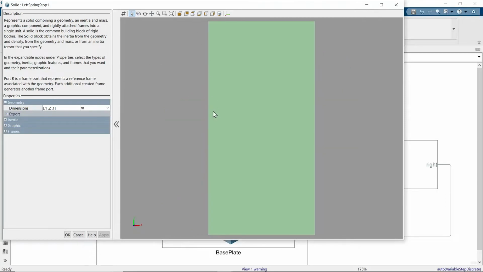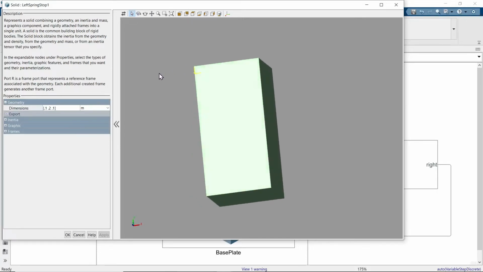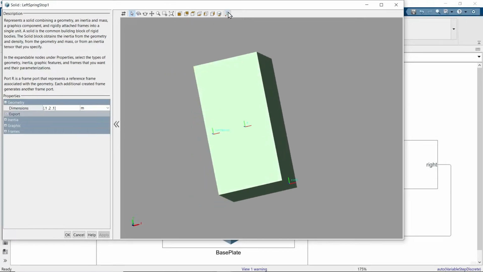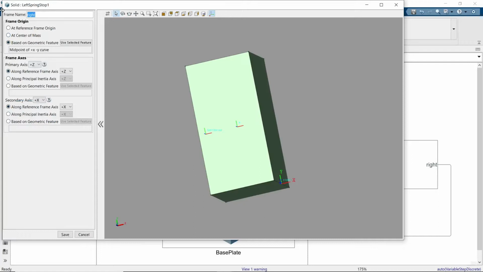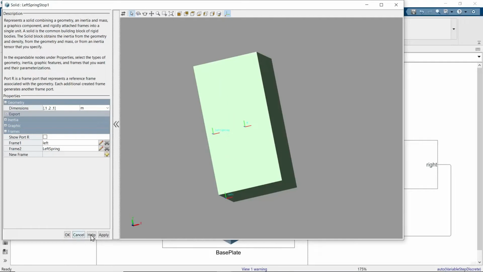Again, a top view will help us imagine it better. And we'll rotate with the middle mouse button and show the frames. Now we need this one to be on the back edge, so we can just modify it, edit it. We'll name it left. Select this, use selected feature, save, apply.